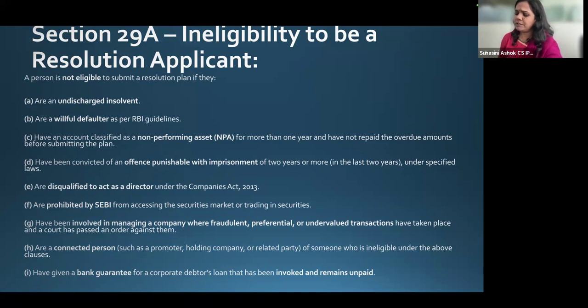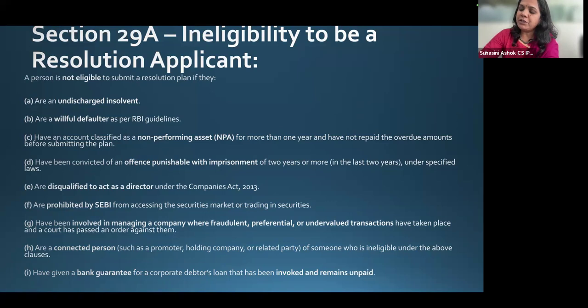This ensures the integrity of IBC in the CIRP process, or even the liquidation process. Because of the clean hands doctrine, Section 29A was promulgated.